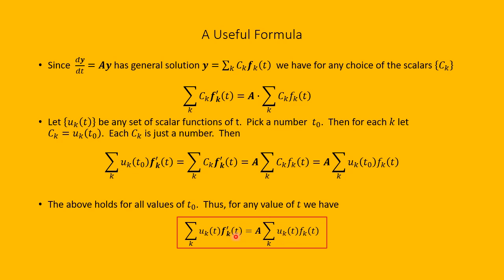This holds whenever we have these f's coming from this formula up here for the general solution to this differential equation. So we have successfully found a relationship between this equation with, I guess you can say, arbitrary constants c sub k, and this equation holding for arbitrary functions u sub k of t.